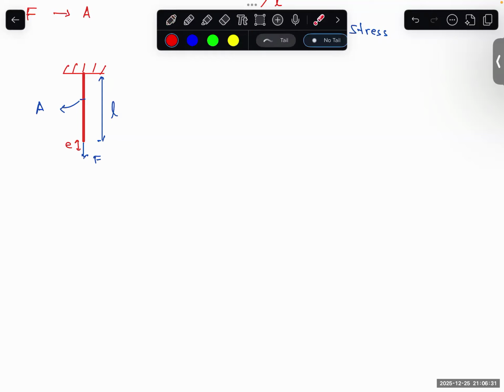Always remember, whatever comes in our equation is initial parameters. So here tensile stress is F over A, tensile strain is E over L.